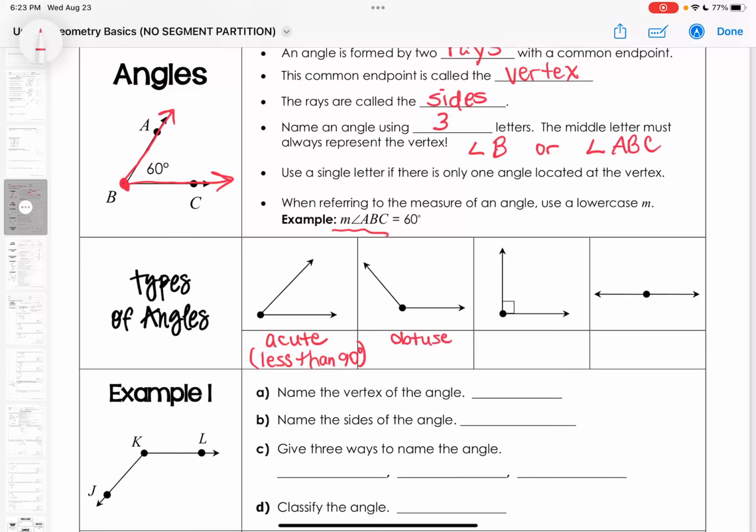So obtuse is then greater than 90 degrees. This one's a right angle. So it's exactly 90 degrees. And then this one's called straight. So this is 180 degrees, like a circle is 360. So this is half of that.